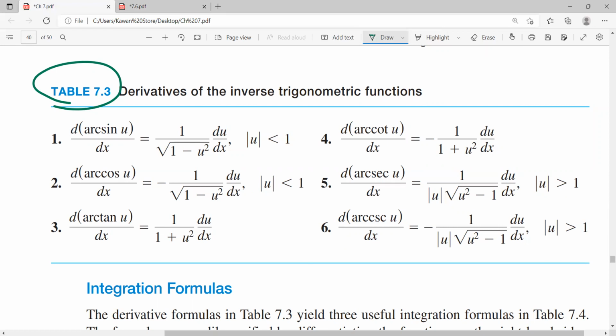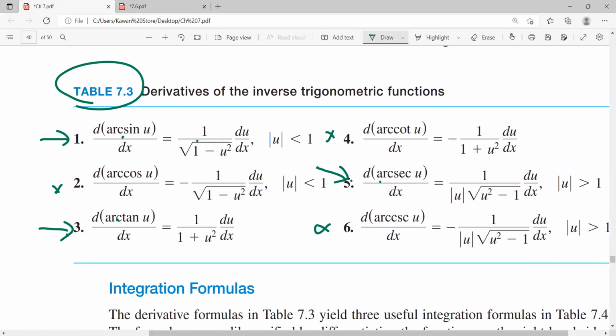Look at here. I'm going to summarize for you. Just try to focus on these three, no more. Can you tell me why? Derivative of sine inverse is equal to that one, derivative of tan inverse equal to that one, derivative of secant inverse is equal to that one. Can you tell me why I neglect that one and that one and that one? Look at it.